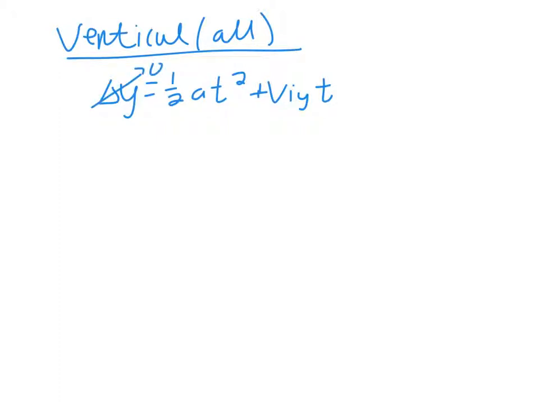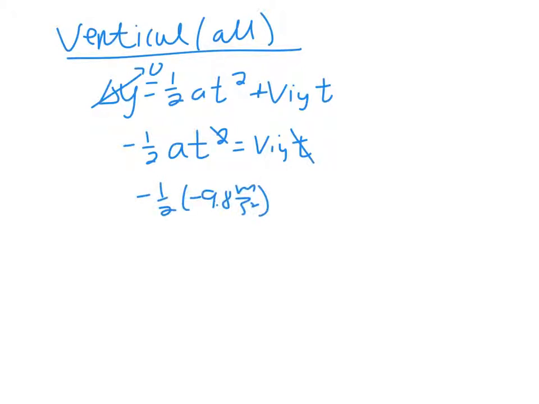Delta y goes to 0. Rearranging for v initial y, we get negative 1/2 a t squared equals v initial y t. That t goes away. So negative 1/2 times negative 9.8 meters per second squared times 2.2 seconds equals v initial y.